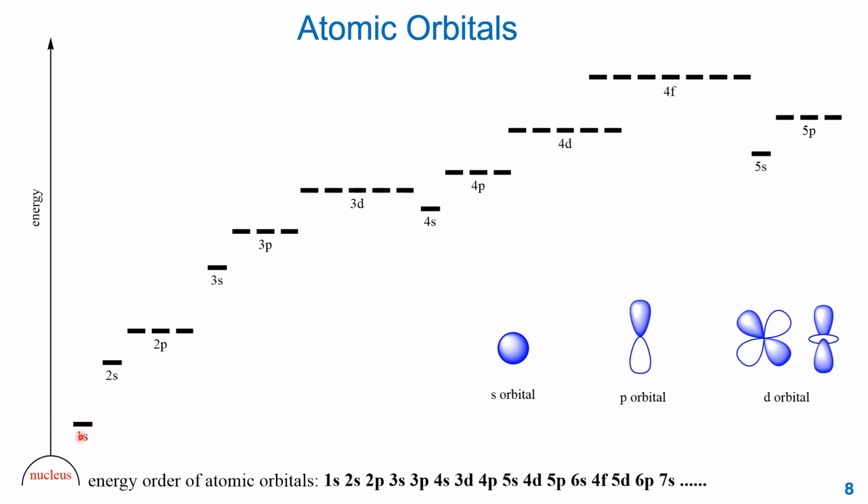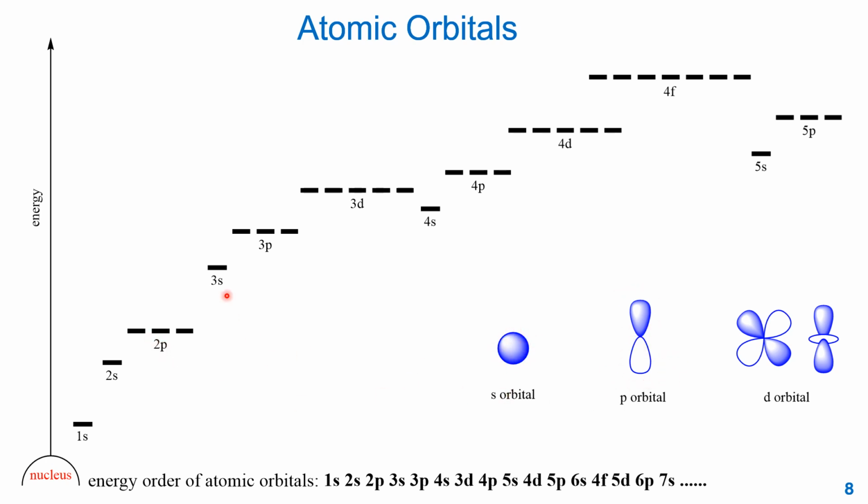See, this is the 1s orbital, this is the 2s orbital, and that's the 2p orbitals. The 2p orbitals are actually called a subshell. So we can call this the 2p subshell. In a 2p subshell, there are 3 orbitals. The shape of an s orbital is spherical, and the p orbital is like dumbbells.